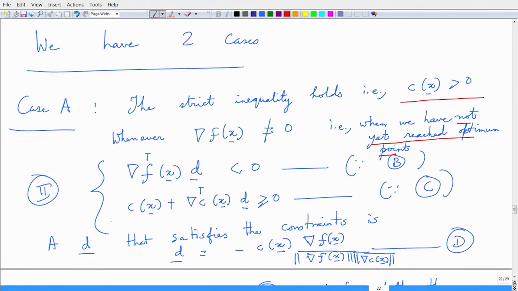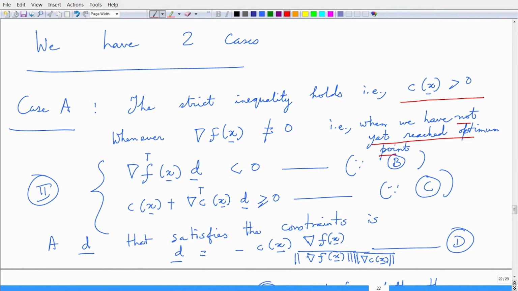Here we have an inequality constraint, that is C of x plus del C transposed D is greater than or equal to 0. Now, we group these two inequalities and call this the inequality set, numbered 2.